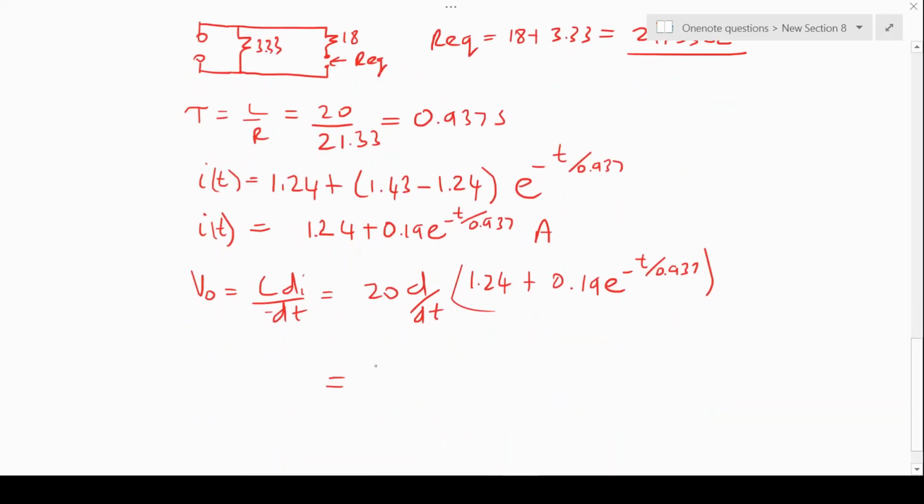And this is going to give us 20 multiplied by, the derivative of a constant is 0, so 20 times 0.19 multiplied by minus 1 over 0.937, e to the negative t over 0.937.